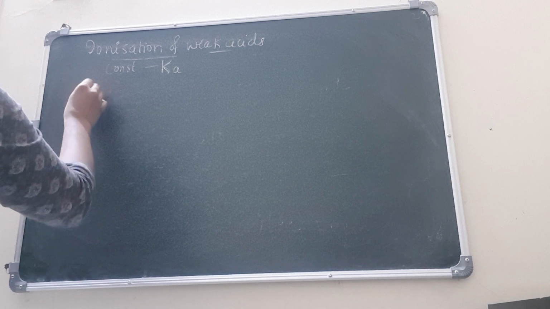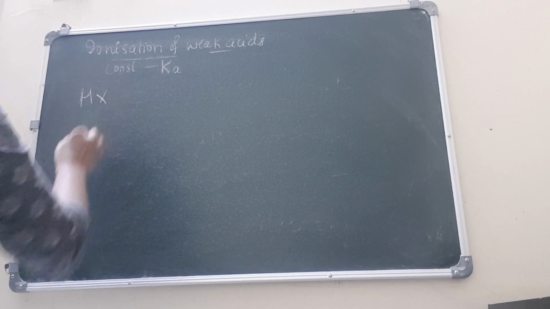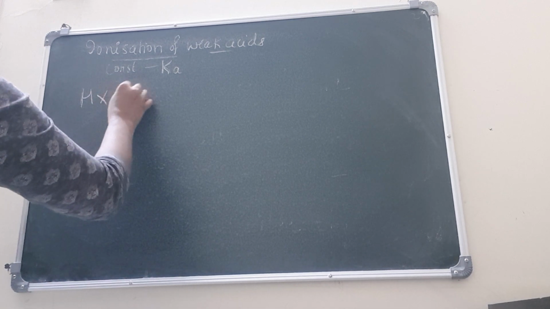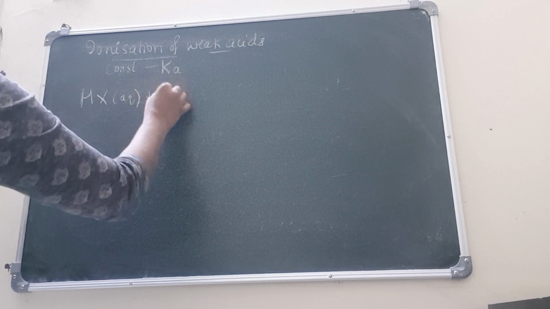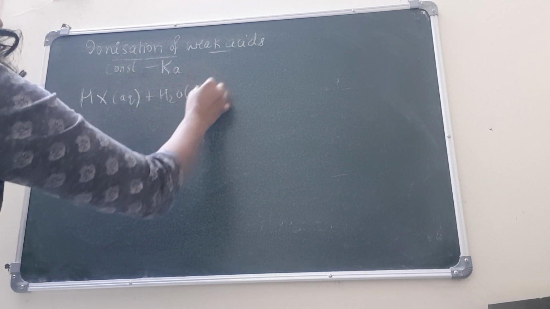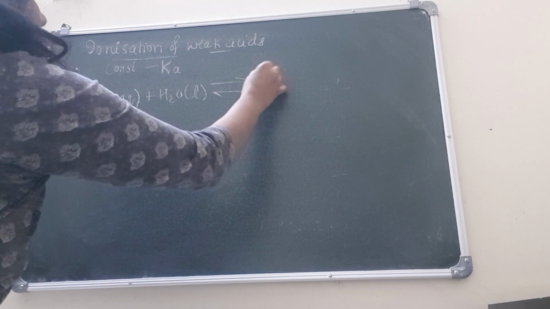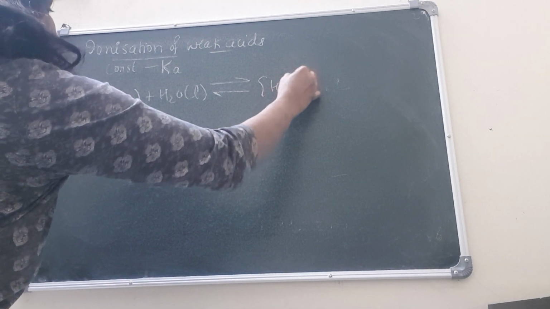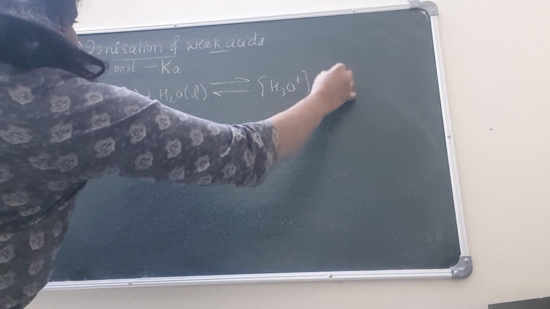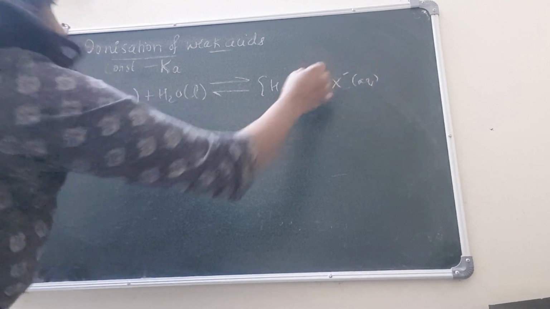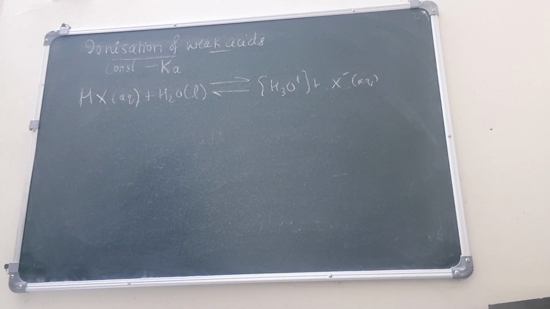So let us consider a general equation: HX, which is a very weak acid, in the presence of water, which is liquid, ionizes to give you H3O+ ions and X- ions. Both are aqueous.